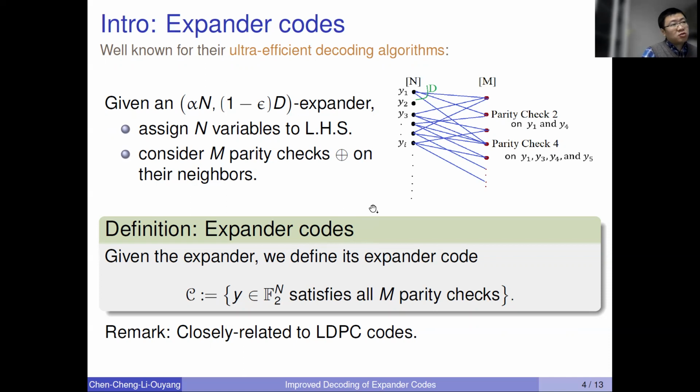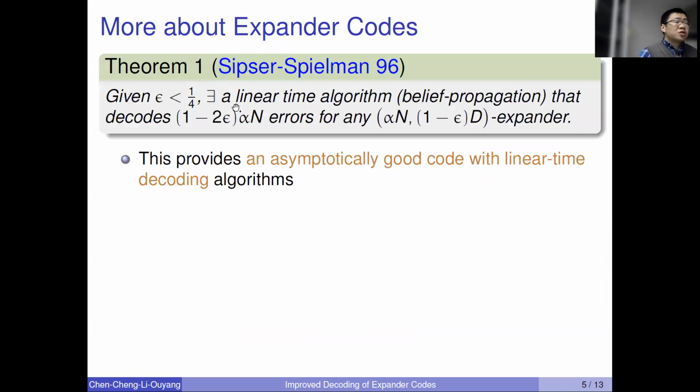Now let me tell you some previous results. The seminal work by Sipser and Spielman shows a linear time decoding algorithm called belief propagation for expander codes.